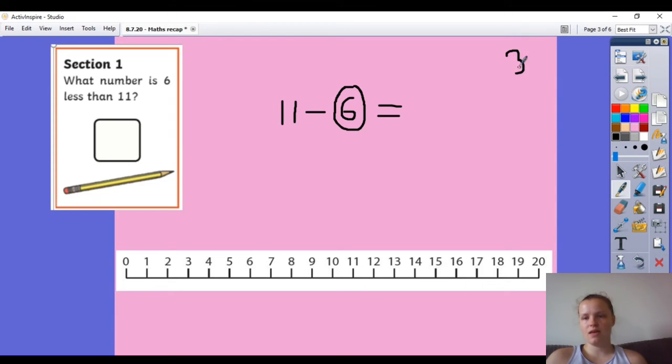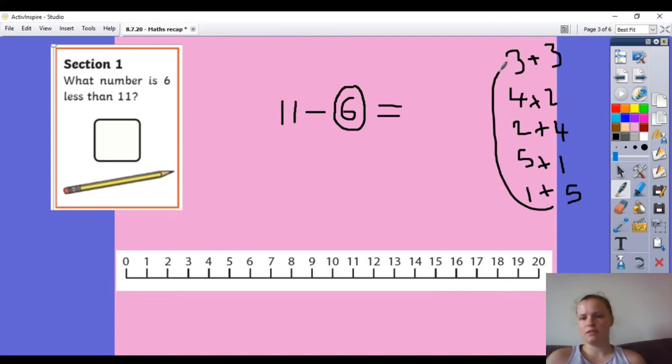So we've got 3, add 3 equals 6. We have 4, add 2. We've got 2, add 4. And we've also got 5, add 1, and 1, add 5. These are all the numbers, and 6 and 0, that make 6.